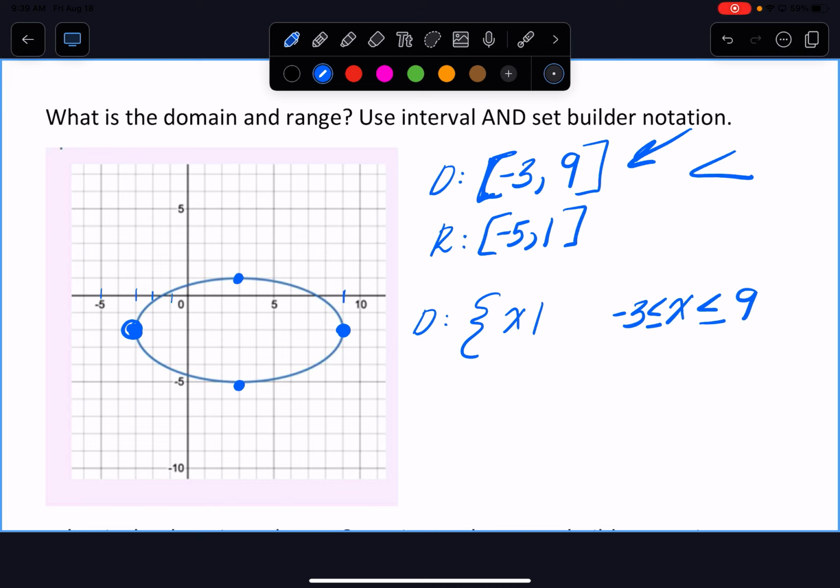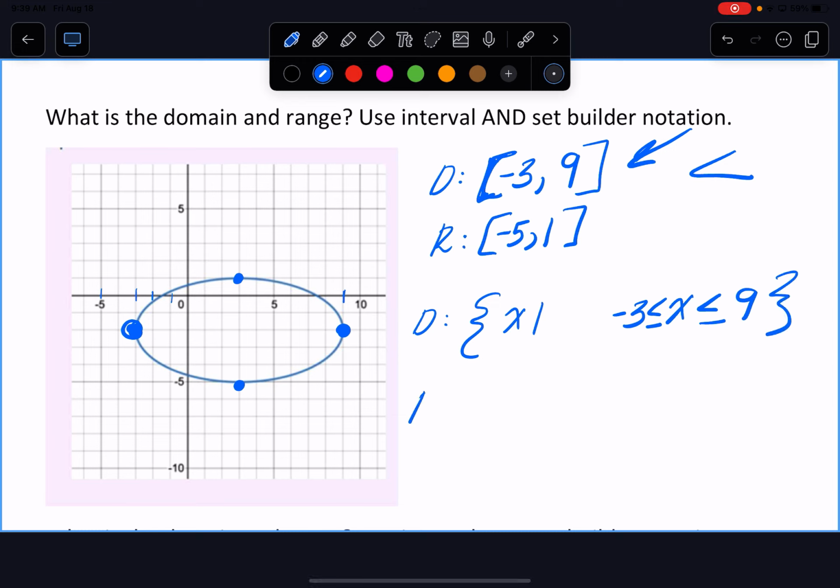X is greater than negative 3. Is that true? Yes. Does everybody see? You have to read it from inside out if it's in between. But then X is less than 9. See? X is less than 9. So it's just important that you understand that when it's an inequality with something in the in between two values, you read it from the inside out, not from left to right. Okay, so once again, we would close this.